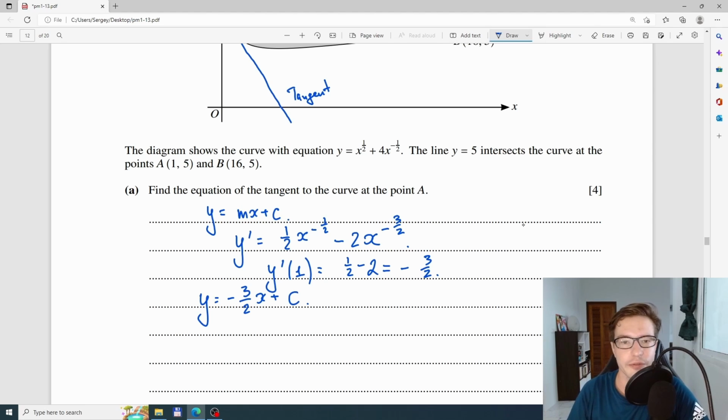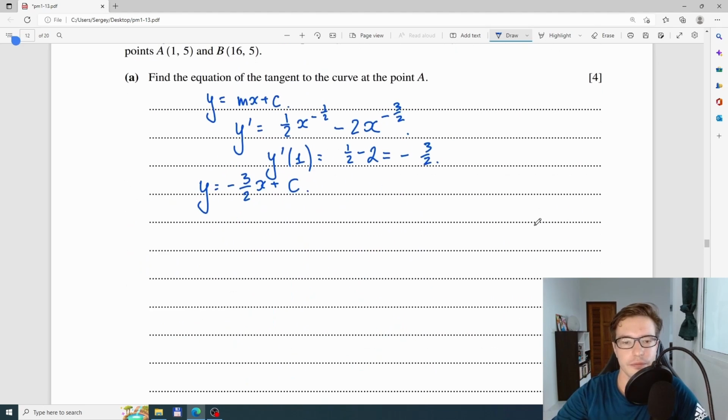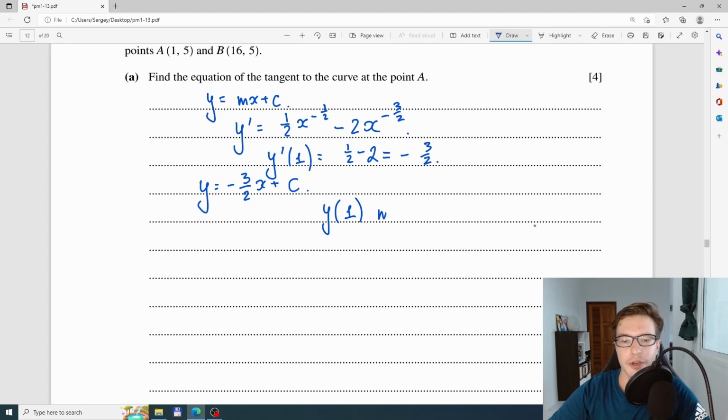Now, our goal is to find out the value of c. How to do this? As we can see from the graph, the tangent and the curve share the same point when they intersect. So that means if x = 1, then the y-coordinate of the curve should be equal to the y-coordinate of the tangent, which is 5. So y of 1 must be 5.